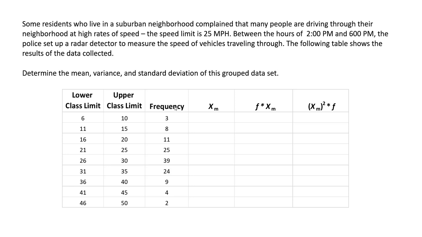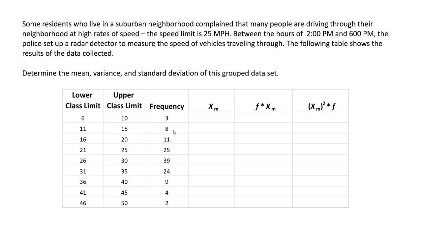Now the frequency tells me how many cars in this case were driving by between and including these two speeds. In other words, there were 3 cars traveling somewhere between 6 and 10 miles per hour.